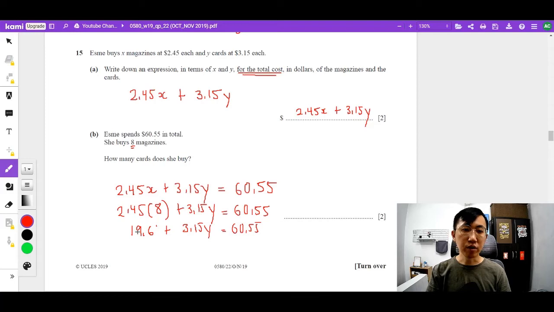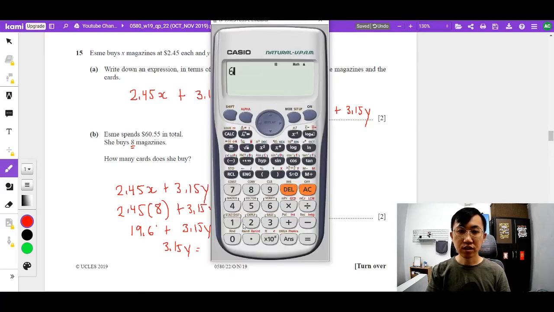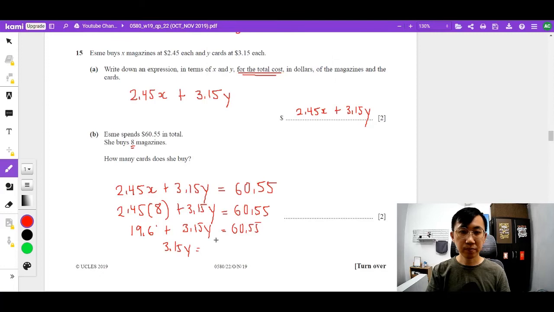Now I am going to bring this to the other side. So 3.15y is 60.55 minus 19.6. Equal 40.95, right? Almost there, one more step. Side by side means multiply, so I'm going to shift 3.15 down to become a divide.